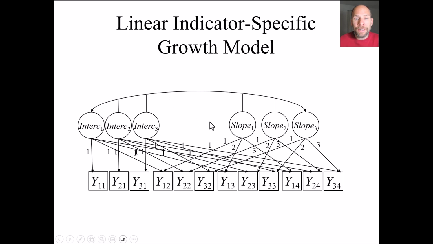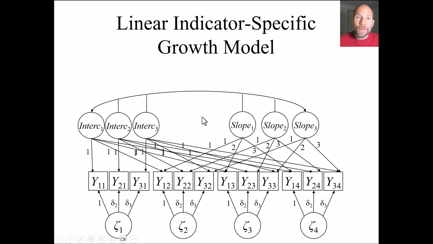And then in addition, we have time-specific residual factors zeta t, which account for situation-specific variance in anxiety. So for example, there could be deviations from the general growth pattern that are due to a specific situation at time point 1, 2, 3, or 4.